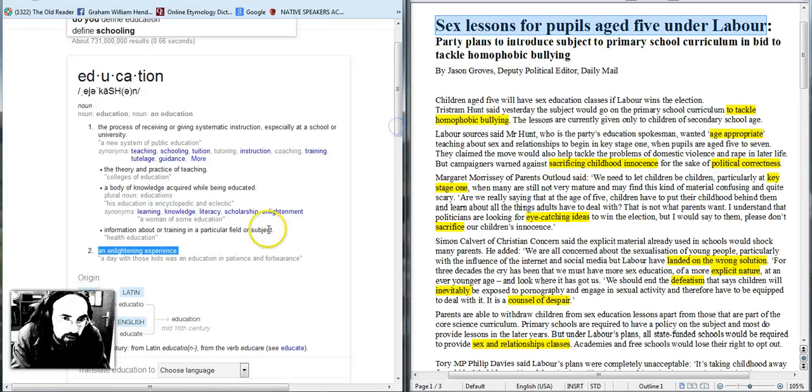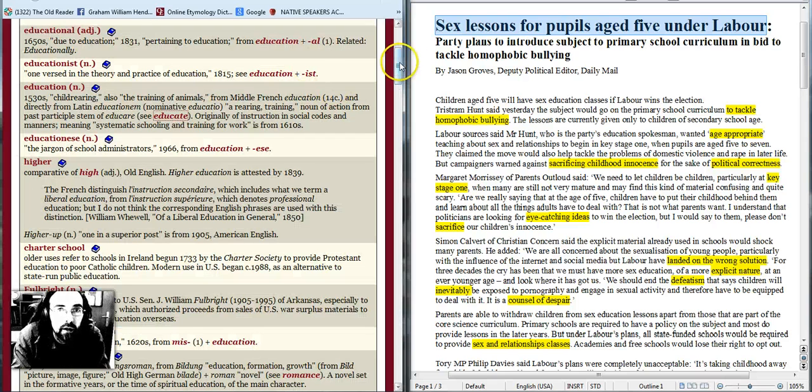The etymology is education, from educate, educatio, educare, and if we go to the online dictionary of etymology, we find education in its etymological base is child rearing. Ooh, rearing. That's kind of animalistic. The training of animals. Well, there we go.